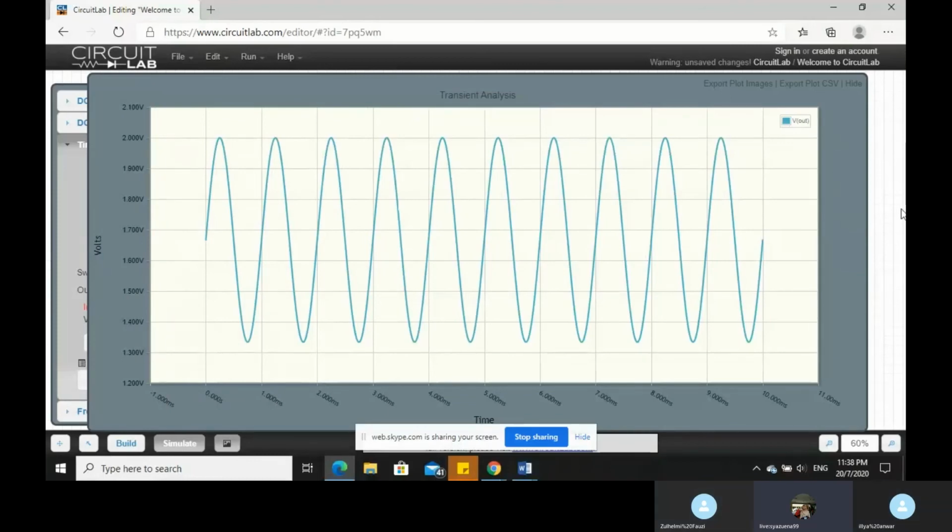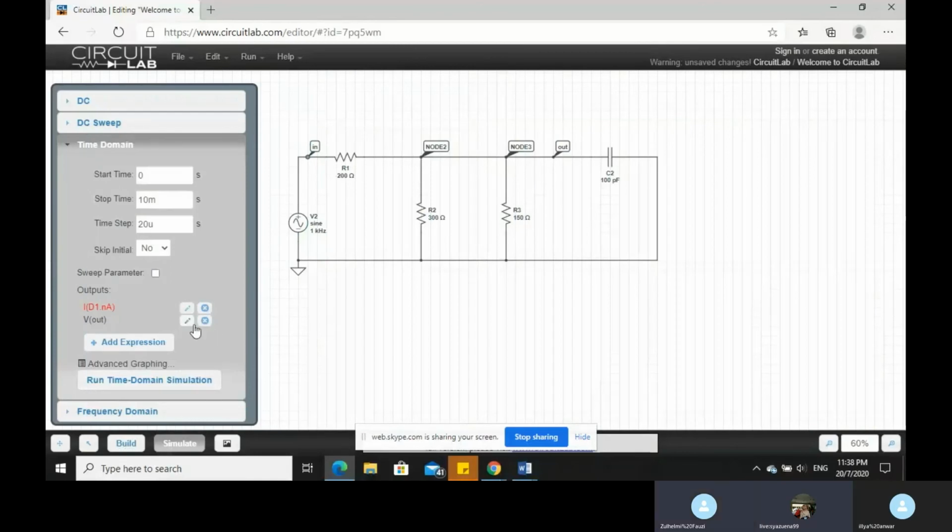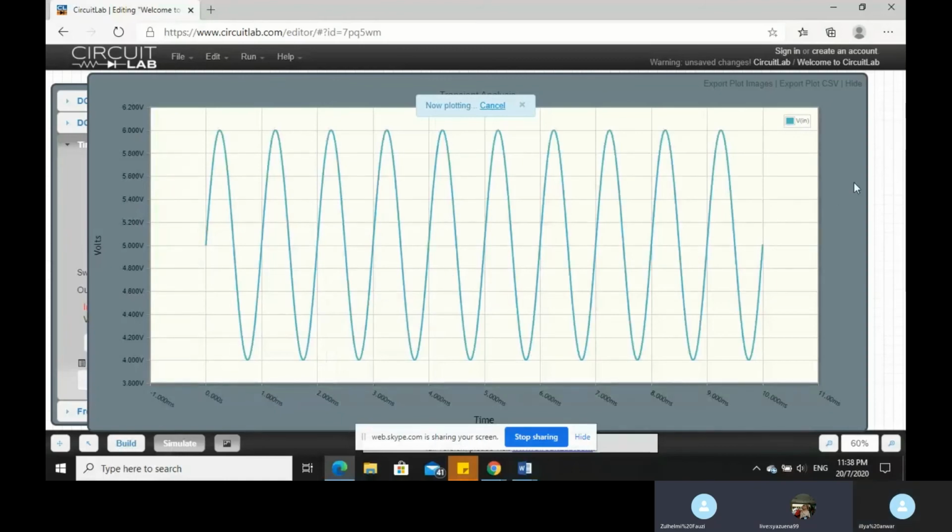So this is the output, and we look for the input. Okay, this is all the waveforms that we constructed for 5 capacitances.